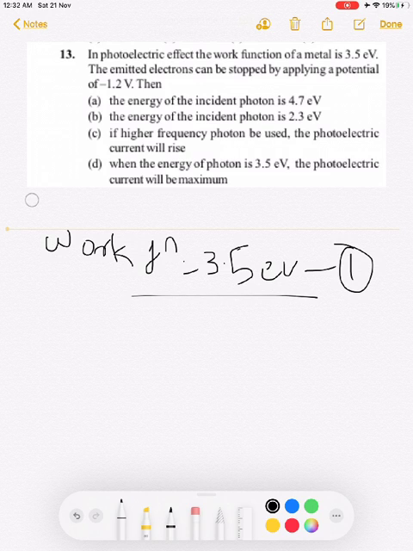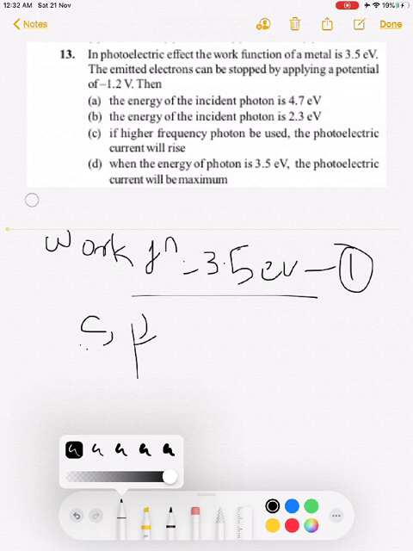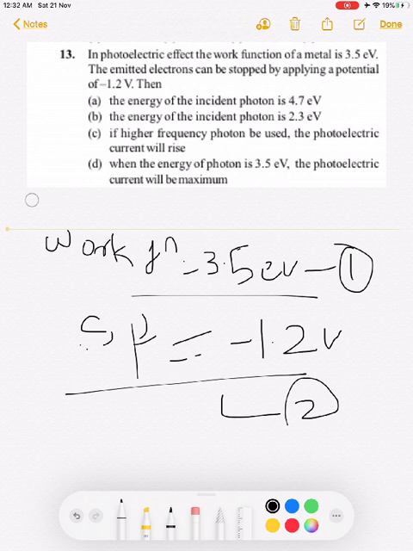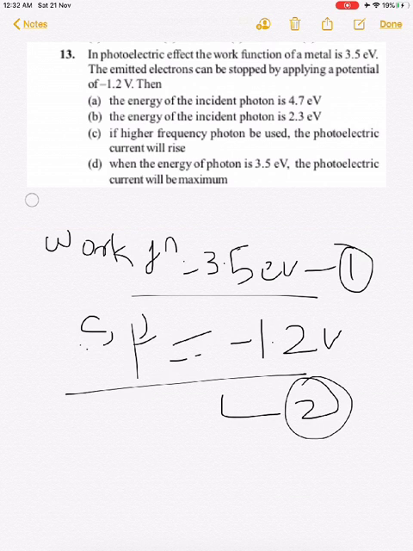And the other point they have given is that the stopping potential is minus 1.2 volt. Stopping potential is equal to minus 1.2 volt, and this is our second entity.